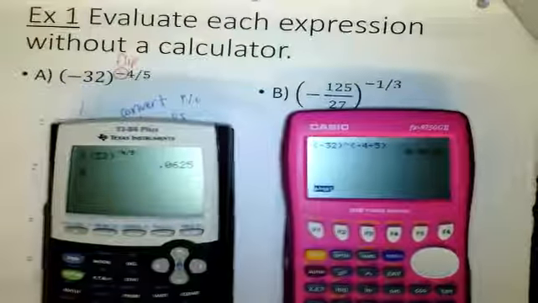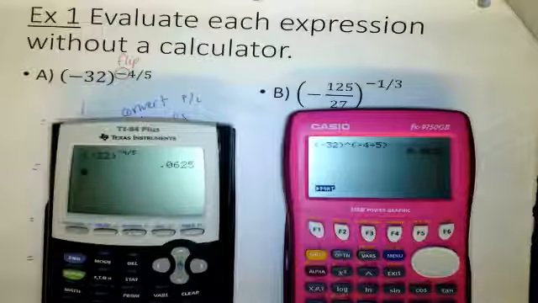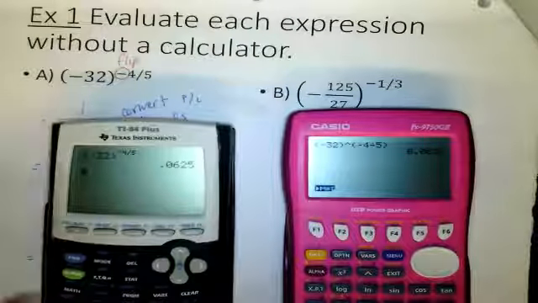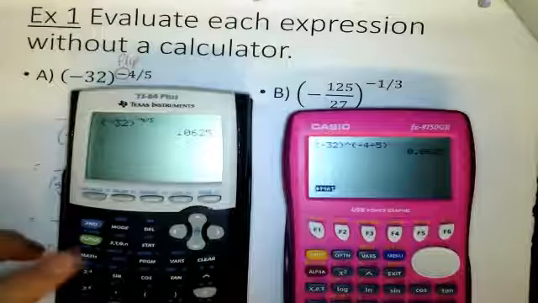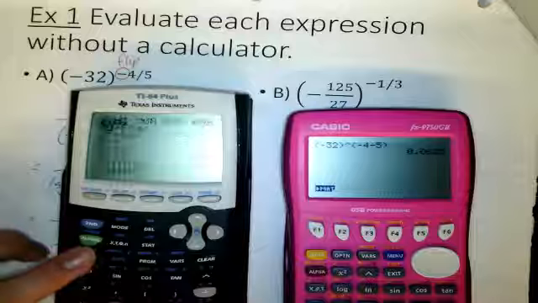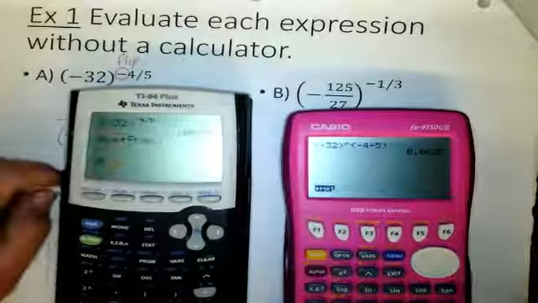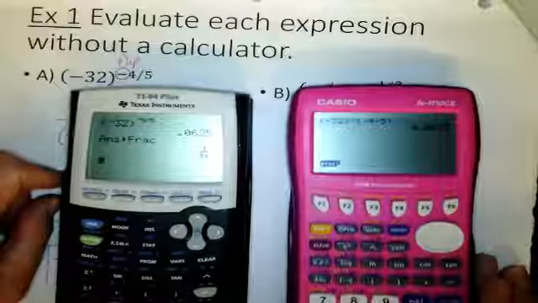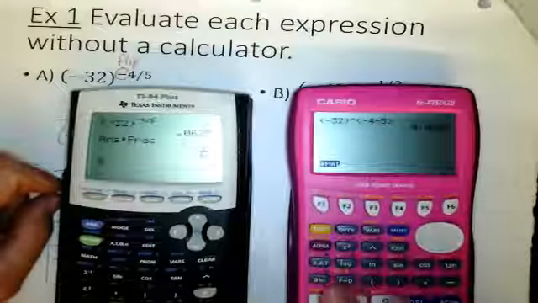Now, here's the best part. All of these calculators have convert to a fraction, math frac. On the TI, there's the math button right here. You push the math button, and the very first thing is convert to a fraction, number 1, and enter. On the Casio, it's even easier. The fraction to decimal button is right here.